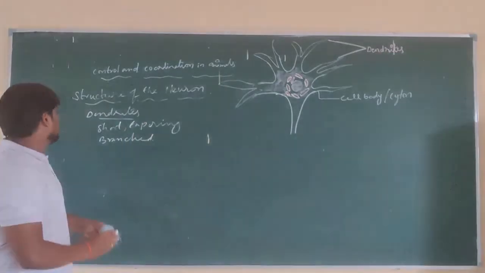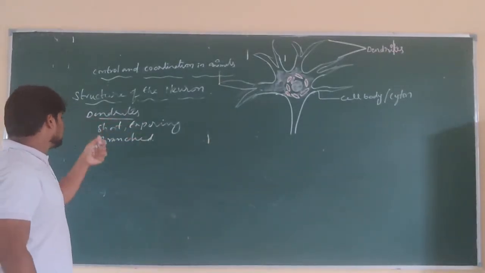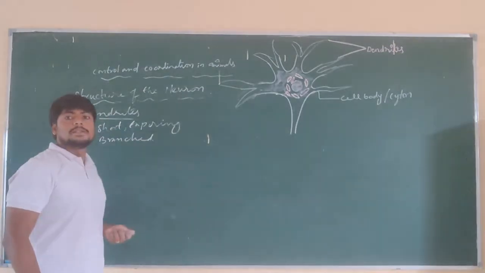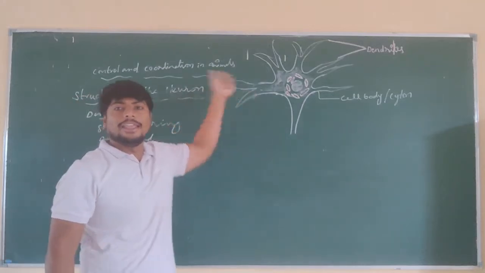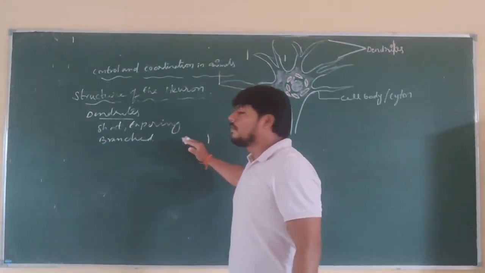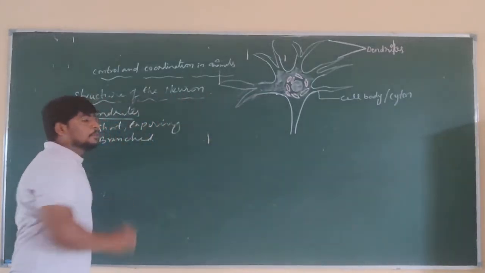They are very short, tapering, spreading, and have branches. These branches arise from the cell body.